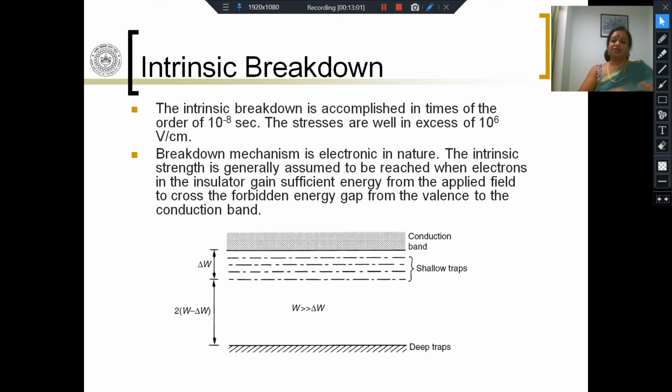So in intrinsic breakdown, you have a situation where the electrons, which may not be in the valence band, but maybe in these intermediate shallow traps or deep traps, gain sufficient energy from the applied field to either entirely cross the forbidden energy gap from the valence to the conduction band, or they may be detrapped either from shallow traps or deep traps.